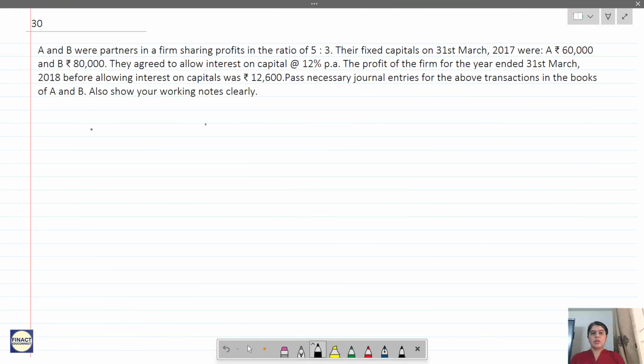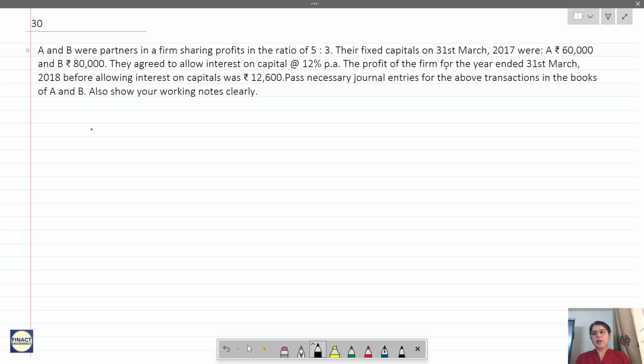Question number 30 in your textbook. A and B were partners in the firm, sharing profits in the ratio of 5:3. Their fixed capitals on 31st March 2017 were A 60,000, B 80,000. They agreed to allow interest on capital at 12% per annum.